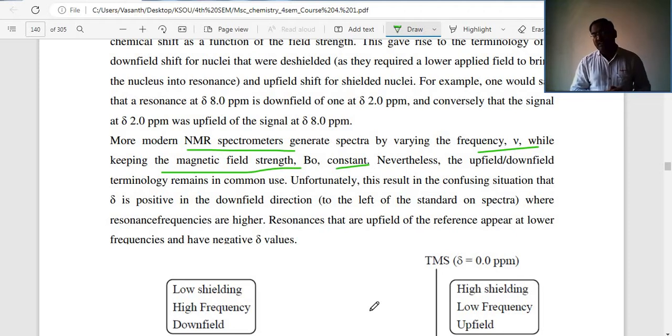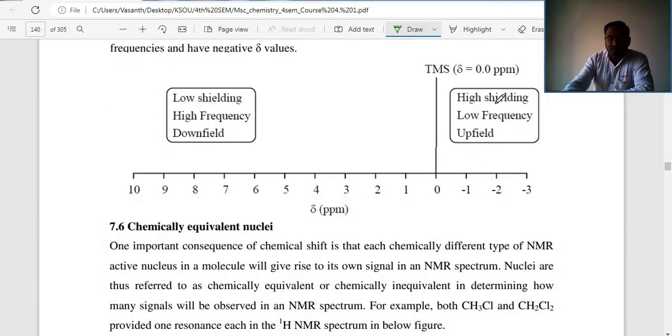Unfortunately, this results in the confusing situation that delta is positive in the downfield direction. This is high shielding, low frequency, upfield. This is tetramethylsilane. This is low field. Low shielding means high frequency, downfield.